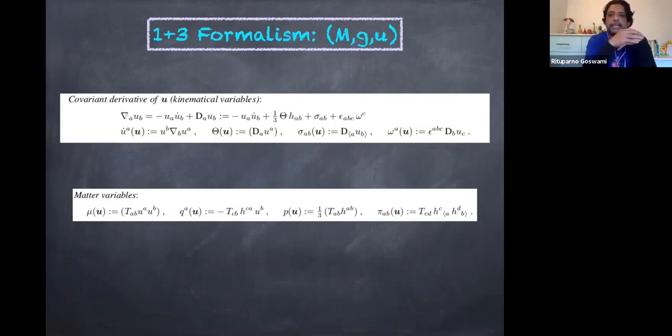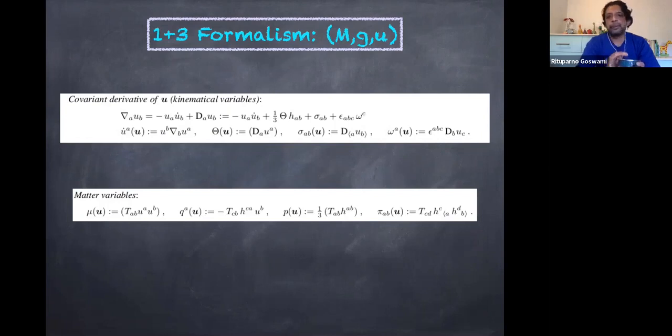We have the shear, we have the vorticity. Similarly, we have the matter variables: mu is the energy density, q_a is the heat flux, p is the pressure, and pi is the anisotropic stress.